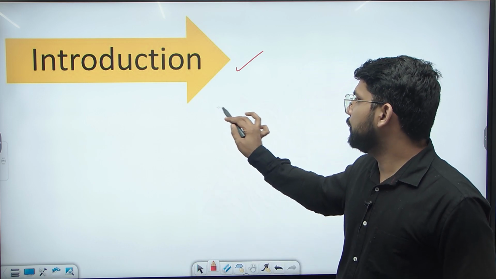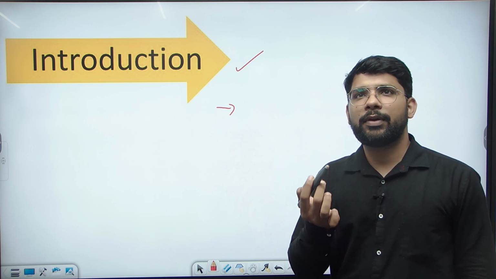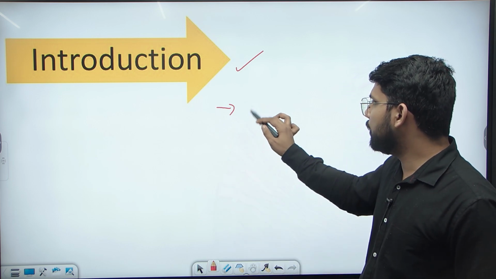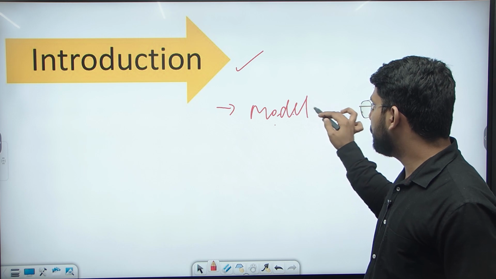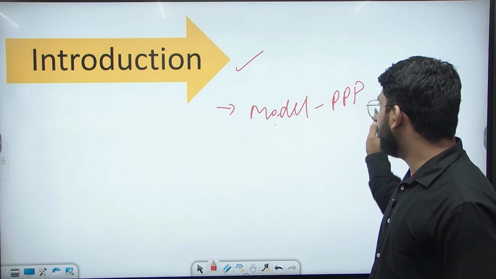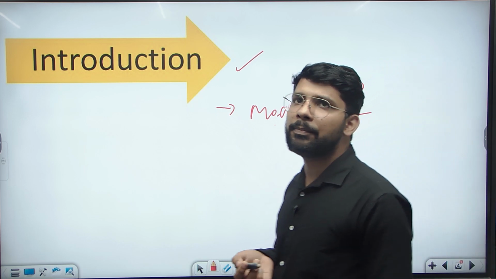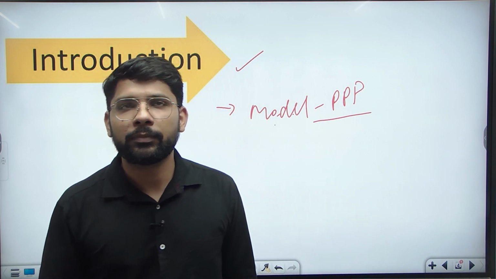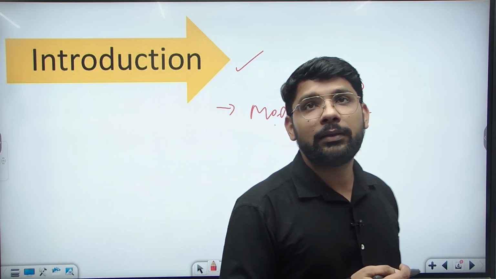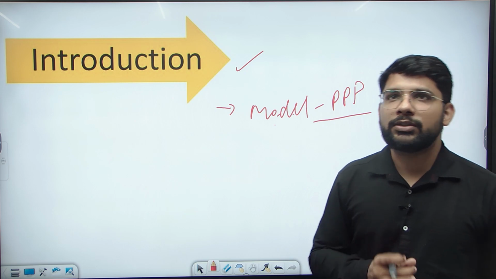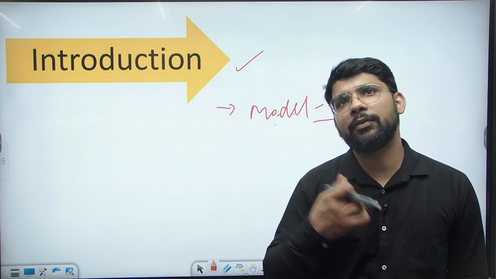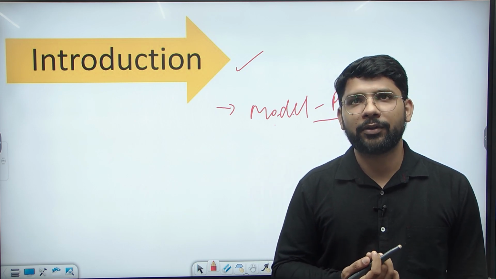After the introduction, you can write in a very small, 10 words, the models of the public-private partnership. There are different kinds of models, like the BOT model, build, operate and transfer. Then the other types of models, you will mention in the introduction itself. Then we will start addressing the body part of the question.